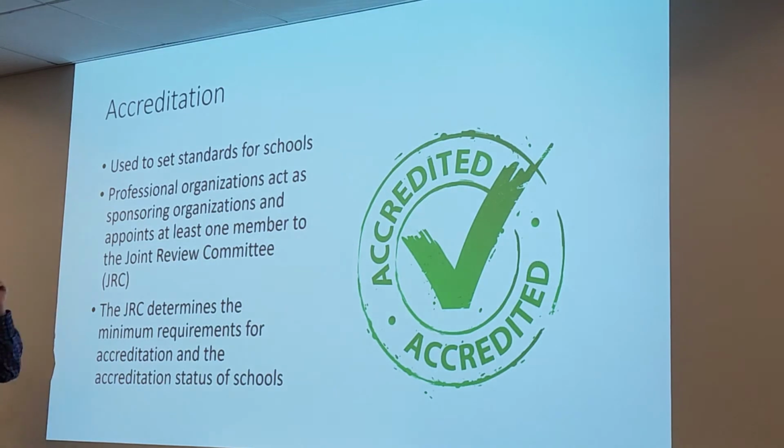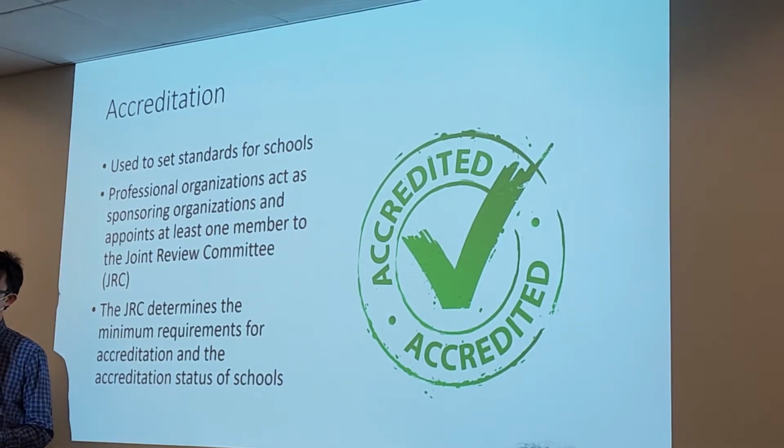So, accreditation is used to judge schools. It is used to set standards for schools such as this one. So, we have the Joint Review Committee, the JRC, and they determine what the minimum requirement is to be an accredited school. So the school must meet a minimum level of quality to become accredited.